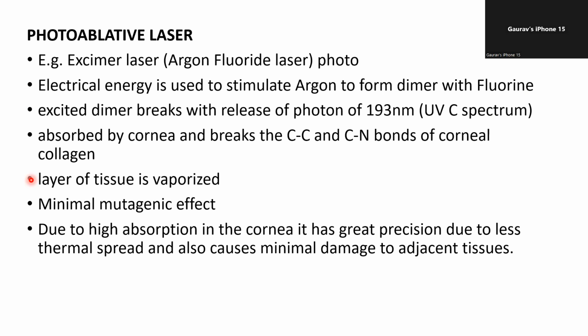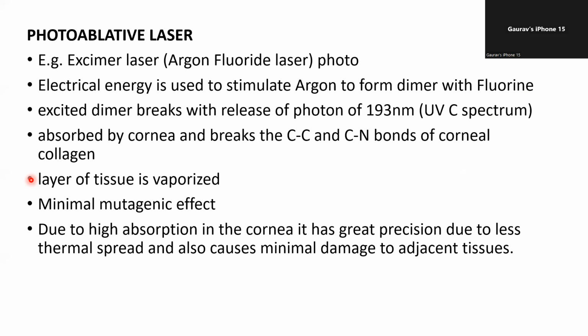So the photoablative laser that we commonly use is the excimer laser, which is an argon fluoride laser. Electrical energy is basically used to stimulate argon to form a dimer with fluorine. This excited dimer breaks with the release of a photon, and the wavelength of that photon is 193 nanometers, which is in the UVC spectrum, not in the visible spectrum.